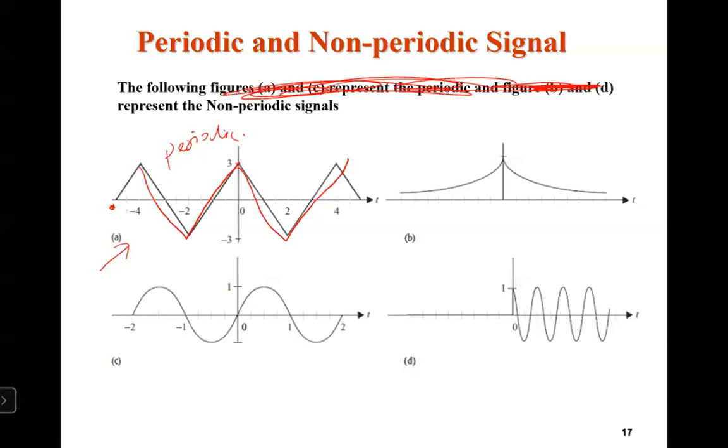The second one, option B. Is it from minus infinity to infinity? Yes, because at this point it is an exponentially decaying curve, so it will go till minus infinity, and on the right side it will go till plus infinity. But will it satisfy the second condition, that is, will it repeat?